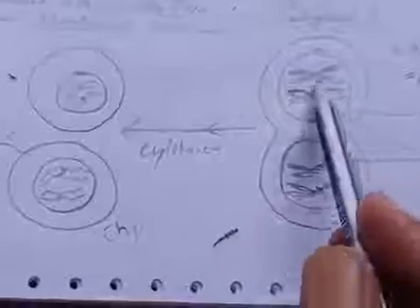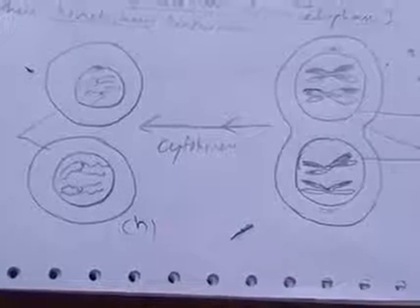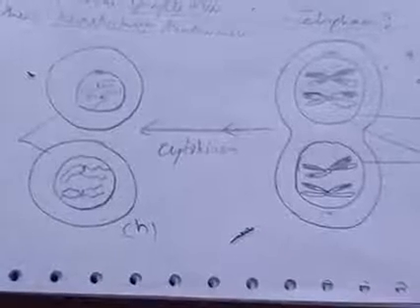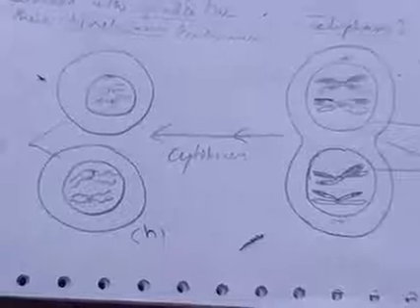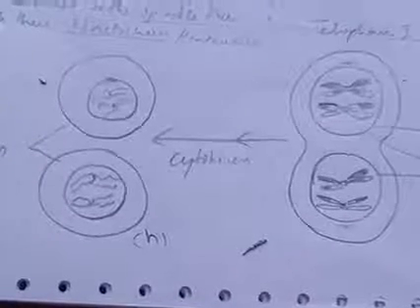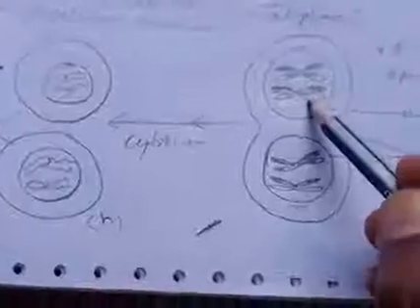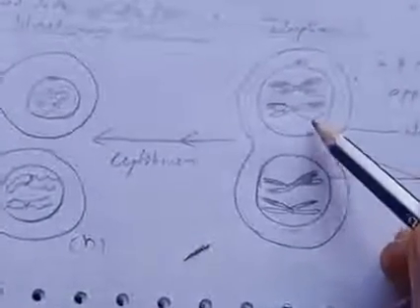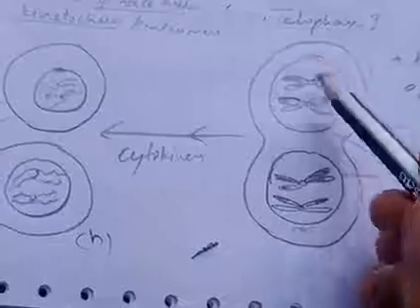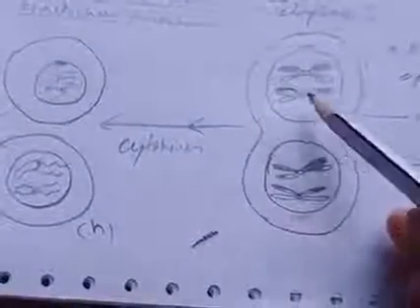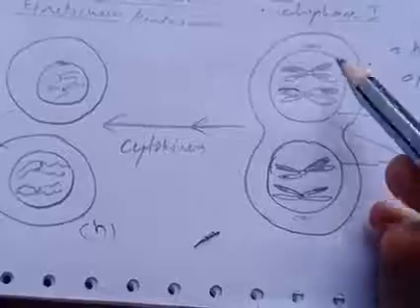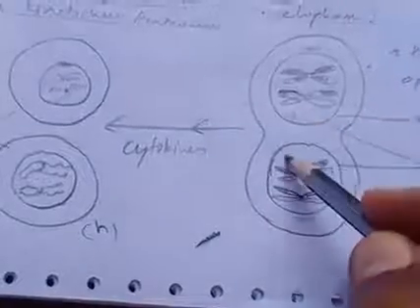In the telophase, the nuclear membrane is formed around the decondensed chromosomes, and nucleoli reappear, and the spindle fibers and asters disappear. Next the nuclear membrane appears, and the nucleolus also appears, right?